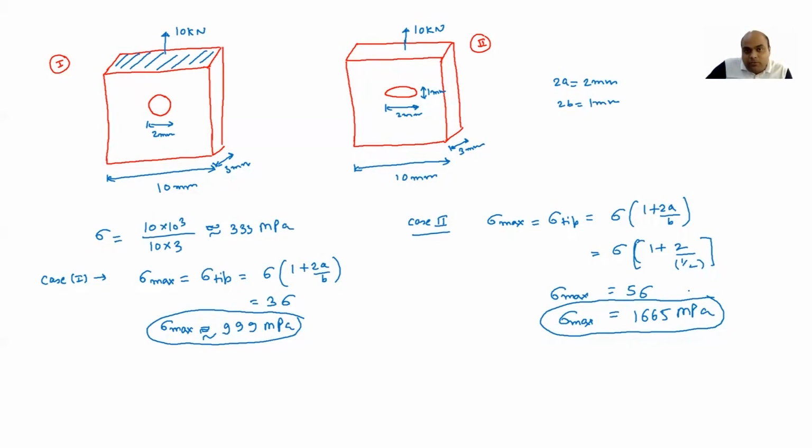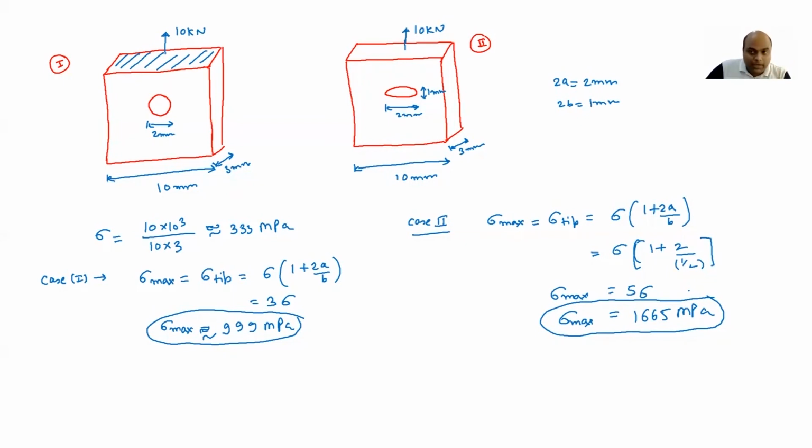Now, if I tell you that the material of this plate has a yield stress of, say, 300 MPa or say 400 MPa, what is the applied stress? 333 MPa. So ideally I would say it is not going to plastically deform, because the yield stress is 400 MPa but the applied stress is 333 MPa.